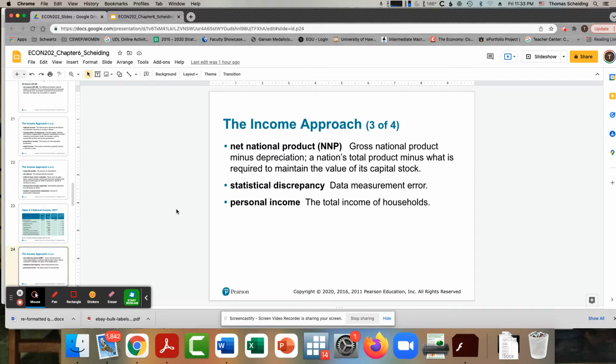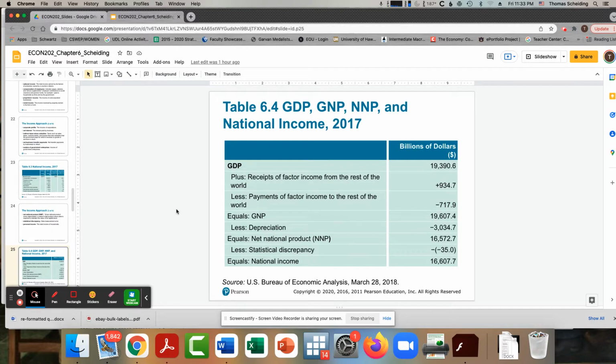There's a statistical discrepancy. I'm not even sure why they're putting that here. It's there because it makes the numbers work out, as you'll see here, we can use GDP to get to everything else.